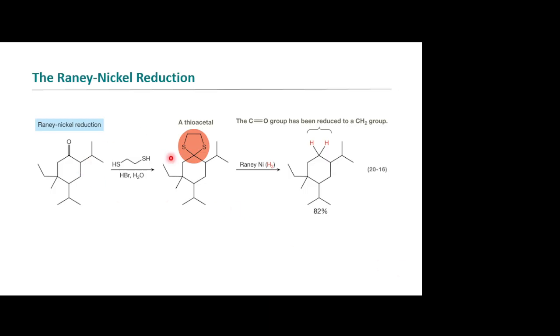This, by the way, is actually a valid methodology for doing a protecting group under certain conditions, in case you're wondering. So you can actually do this first as a protecting group, and you can actually take this group back off and reduce it, or oxidize it back instead. This is just another way you can go about it, which is the Raney nickel one.